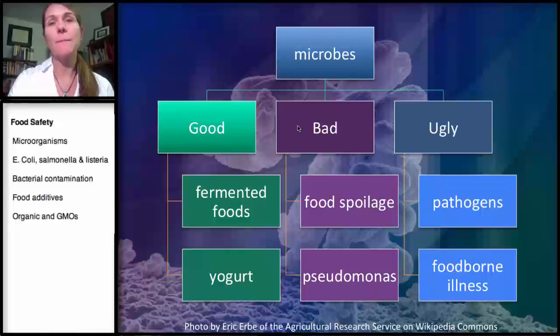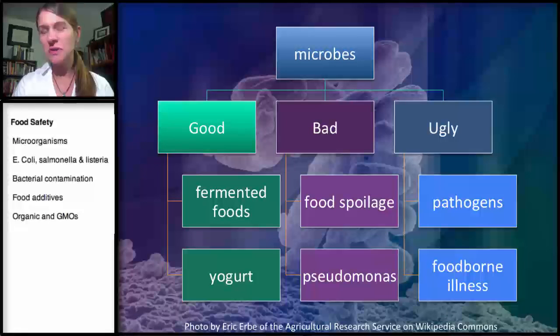Now what about the bad? Well, have you ever taken out a piece of meat and it's got that little hue to it? Maybe it's a little off green, a little bit slimy. You can also get a little sliminess even on your vegetables if they sit in your refrigerator container too long.